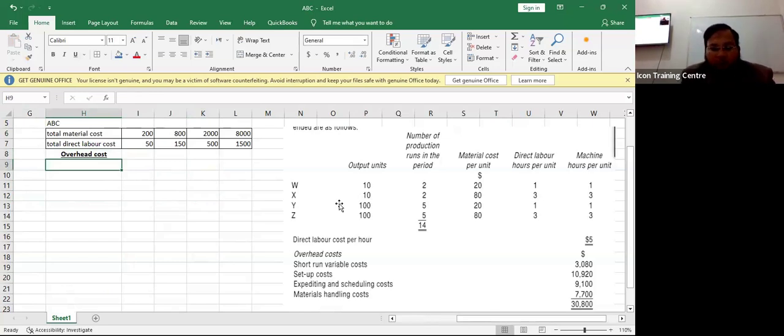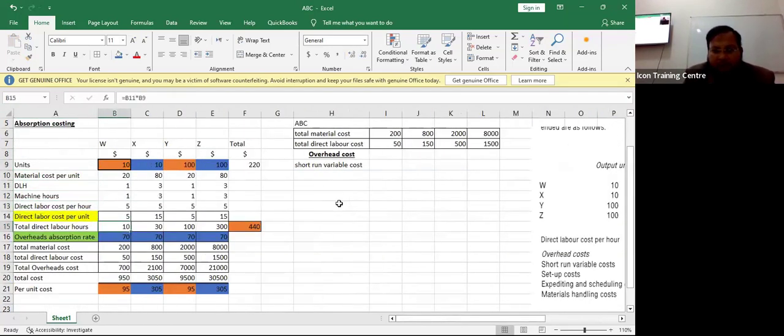So first of all, we need to find out the short-run variable costs. Right, sir? And how much is the total? 3080. And that is allocated on the basis of direct labor hours. Now, how many total direct labor hours do we have? 440.